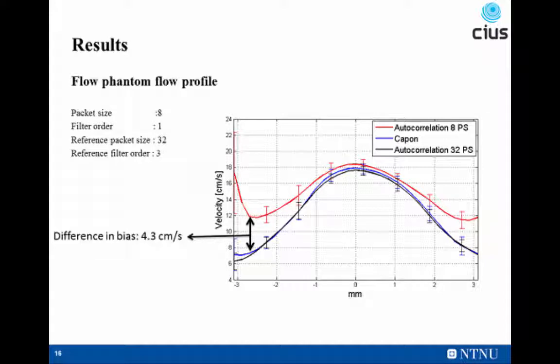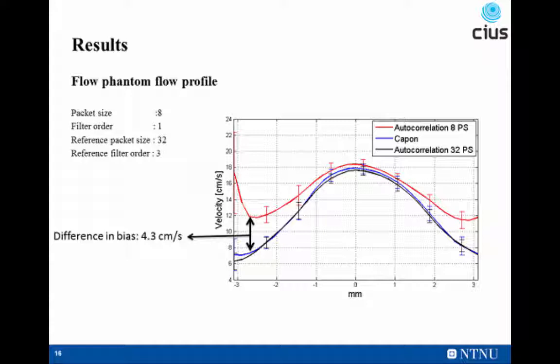Here you can see that in the middle of the tube, where the high velocities are present, there is not a big difference, but when we go towards the tube wall, we can see that the difference in bias is increasing. We also have a reference here, the black curve, which is the 32 packet size autocorrelation method.